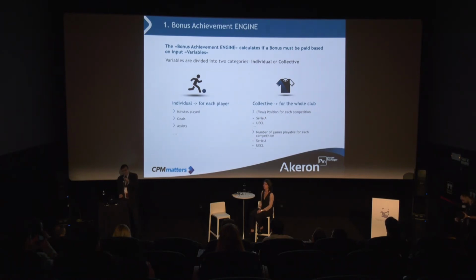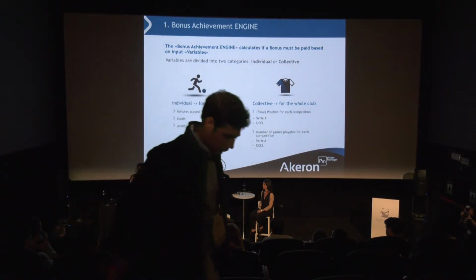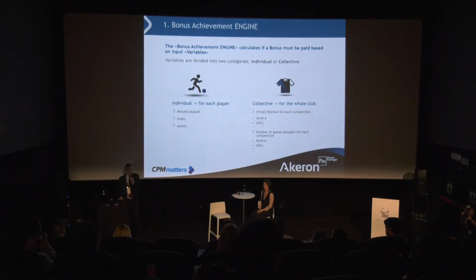The second type are the collective ones, the performances made by the club, so the final position that I think I will reach at the end of the championship, at the end of the UEFA Champions League, and so on.